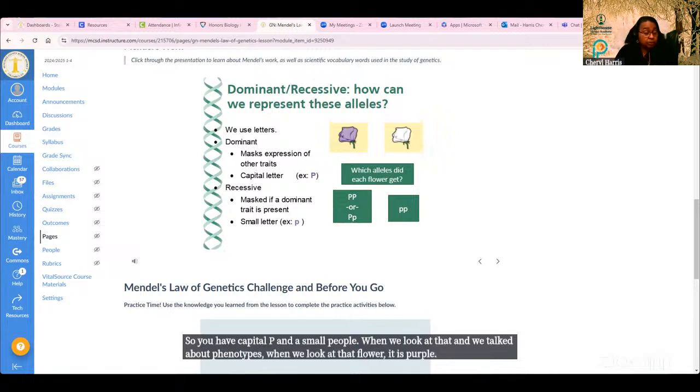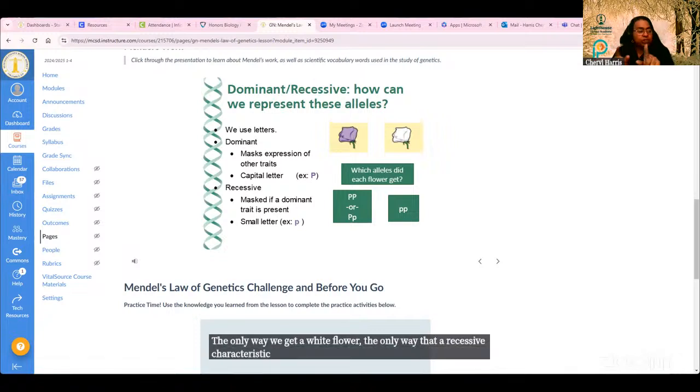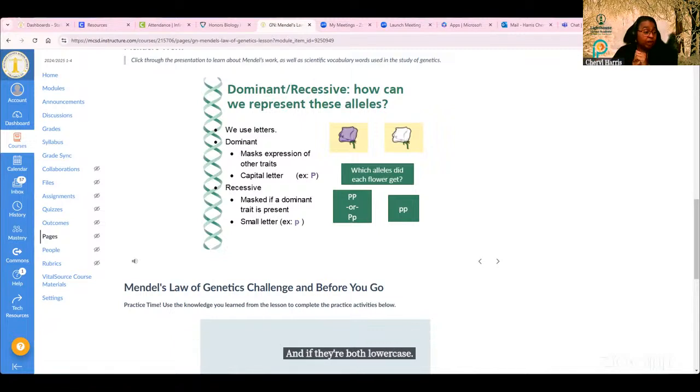Okay, the only way we get a white flower, the only way that a recessive characteristic is expressed, is if both genes are recessive. So that means mom gave a recessive gene and dad gave a recessive gene. And if they're both lowercase, then we get a white flower.